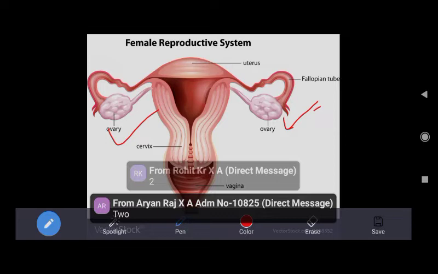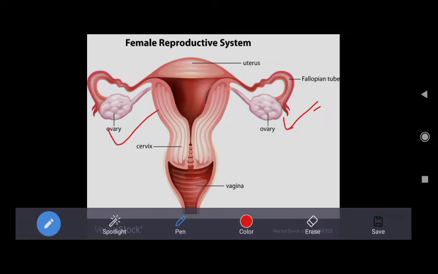After this, from the ovary, a tube is present, and this tube is called the fallopian tube. The other name of the fallopian tube is oviduct. This fallopian tube leads into a wider part which is called the uterus.